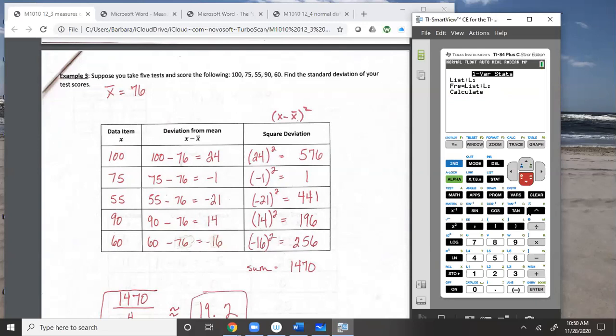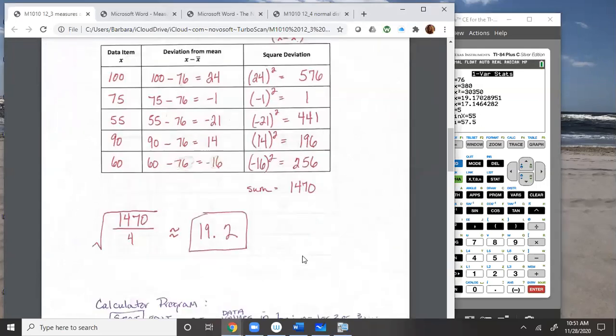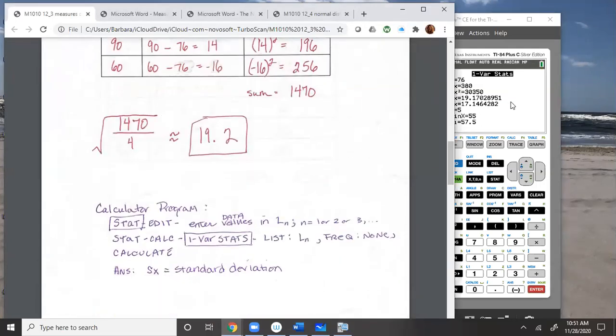There are no frequencies here, so clear that out. And then calculate. The mean is 76. The standard deviation is this S sub x. That's the standard deviation of the sample, and that's equal to 19.17, which was rounded to 19.2. So it's a little quicker here, right? Just put in your list and then run the one variable stats program.